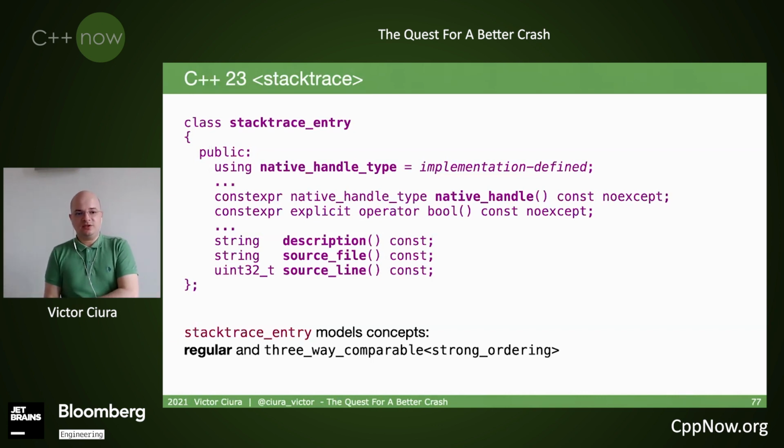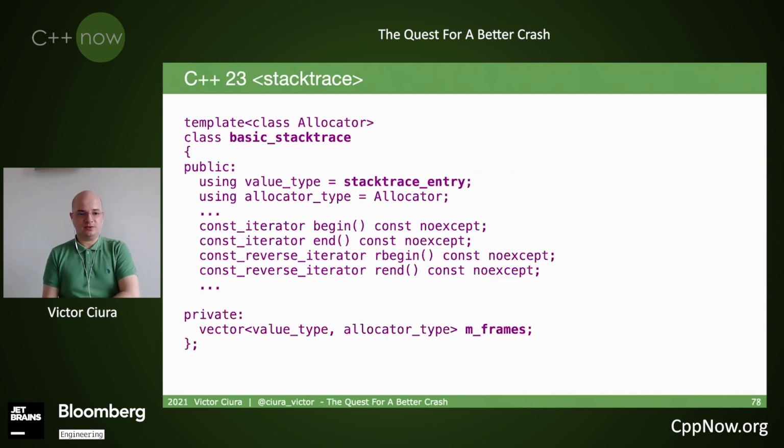And you have the description, source file, source line, very simple, straightforward APIs. In my opinion, very clean to look at. And StackTrace entry models concepts regular and three-way comparable with a strong ordering. And I think that's a sane choice.